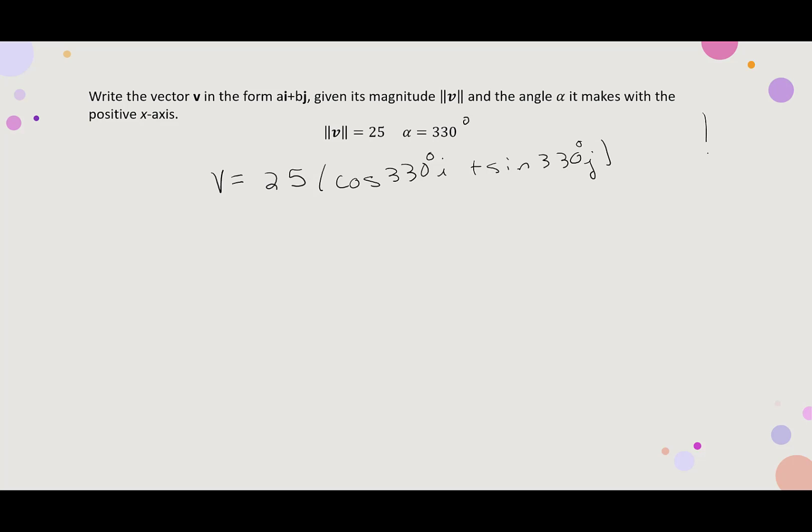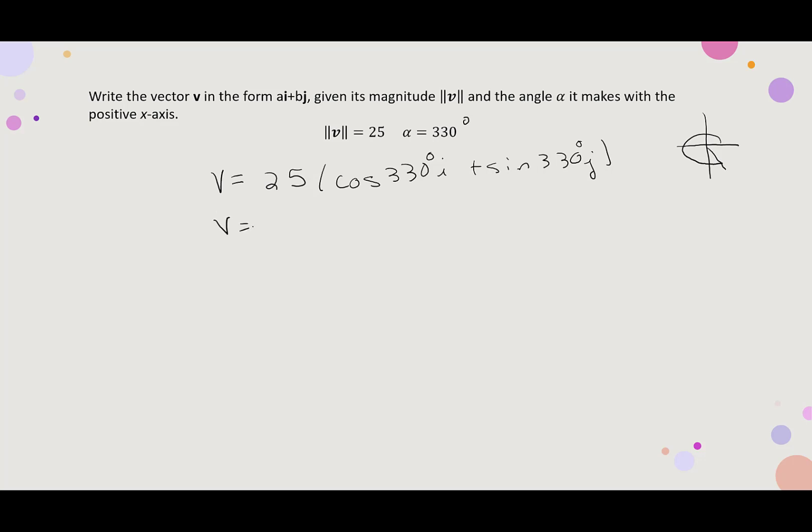Important to think about before you go to your unit circle or however you're going to do this, 330 is all the way over here, in the fourth quadrant. So cosine is positive, but sine is negative. So you want to make sure you have the correct sign when you're looking at this vector.